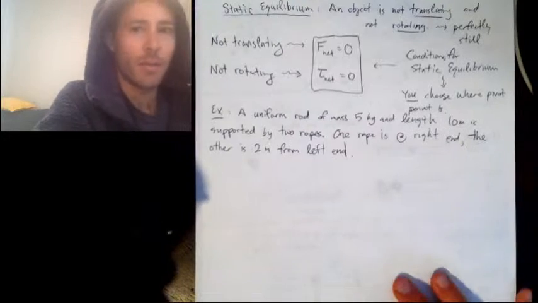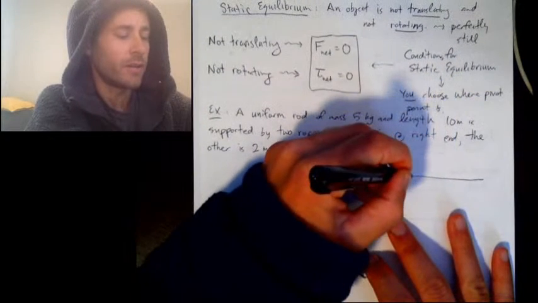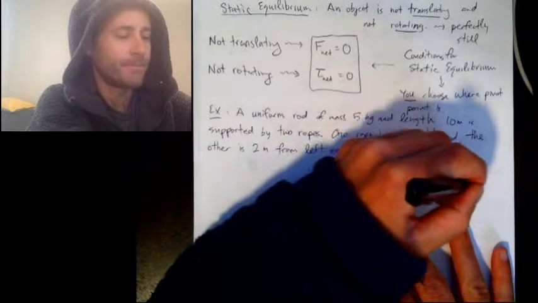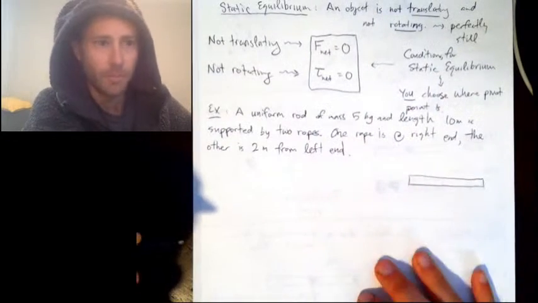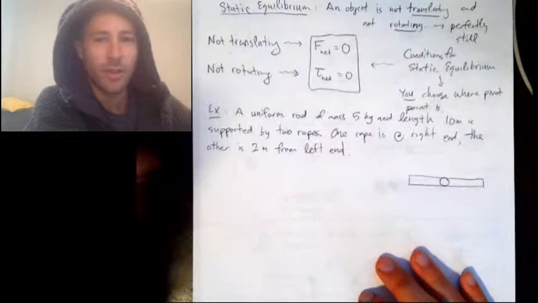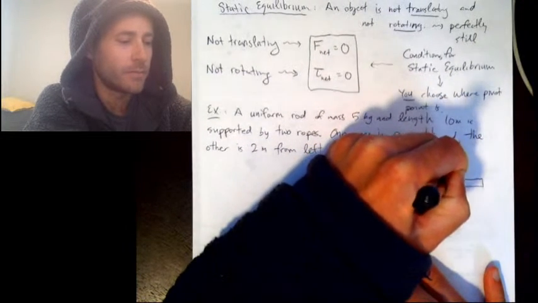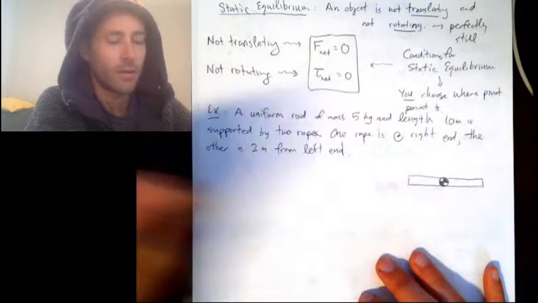So let me draw a picture of this. So we've got a uniform rod. Because it's uniform, its center of mass is in the geometrical center of it. All right.